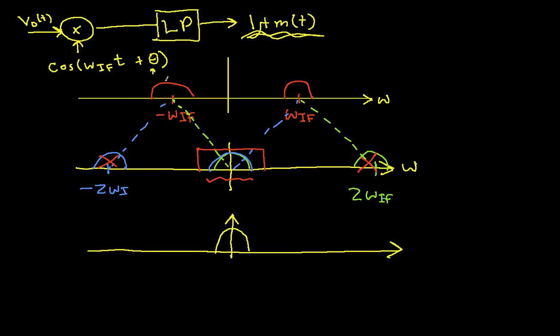Okay, so that's the concept. Now you need to remember that all of these pictures are magnitude of the spectrum pictures. And so I've sort of cheated, because it turns out that in order for this all to work, I need to know the phase of the sinusoidal part of the signal coming in here. Because if I don't know that phase, when I do the multiplication here, I may or may not be in phase with this signal. If I'm in phase with this signal, then everything works beautifully. If I'm out of phase with this signal, then it turns out the output of my low-pass filter is very close to 0.